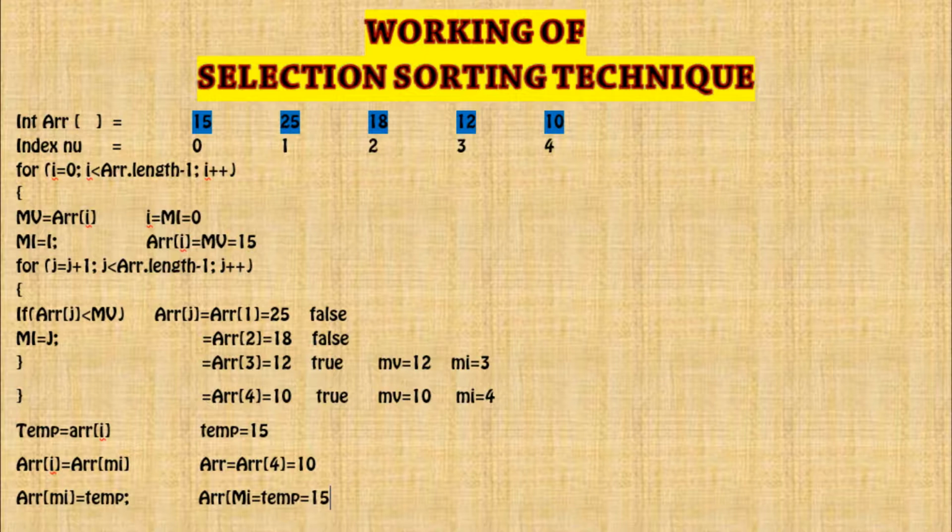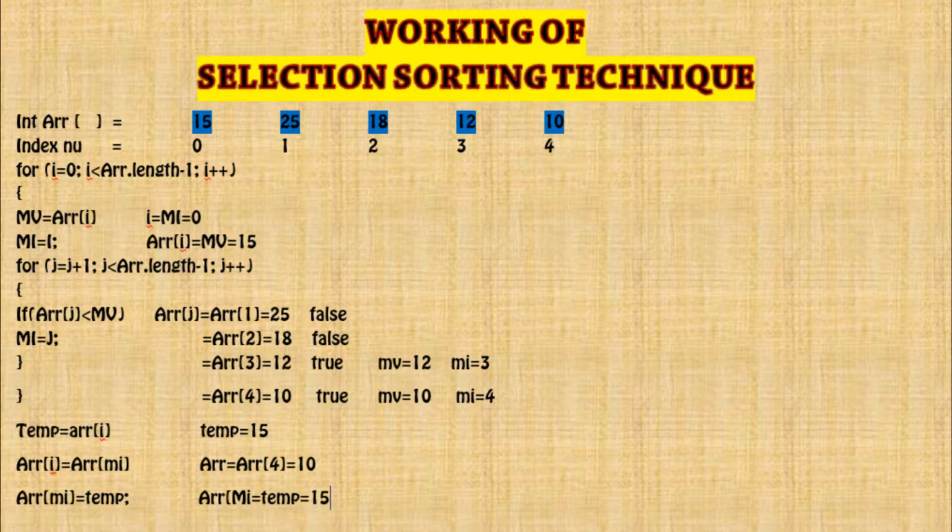Now we can swap the elements having the least value and the first element. We already know how to swap the values. So we will have one more variable called temp. Here we will put the value, so that 15 will be stored in temp, then 10 will go to array of i, so that it gets stored in the first index.